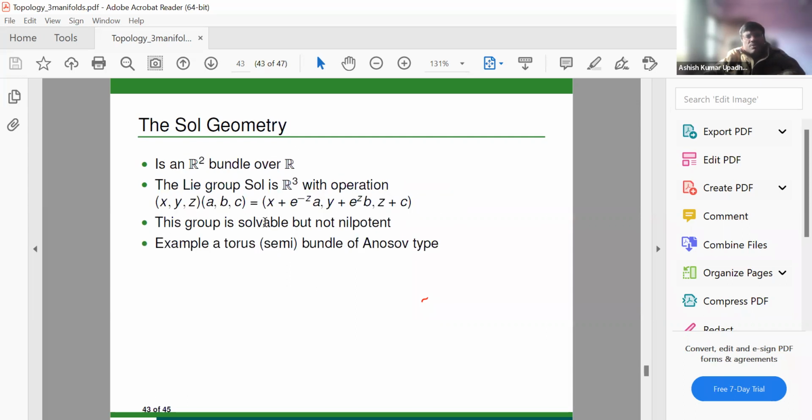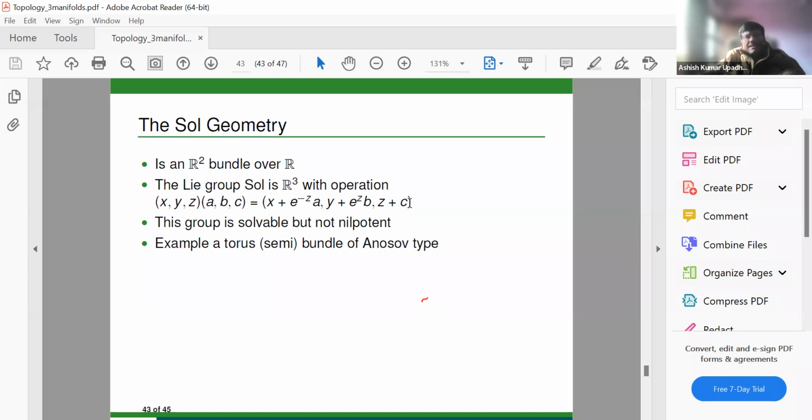In this case, the group is solvable, but not nilpotent. You see how complicated the groups become. So the Lie group in this is R3 with an operation. What is the operation? x, y, z and a, b, c, when they operate together, combine together, they give this.